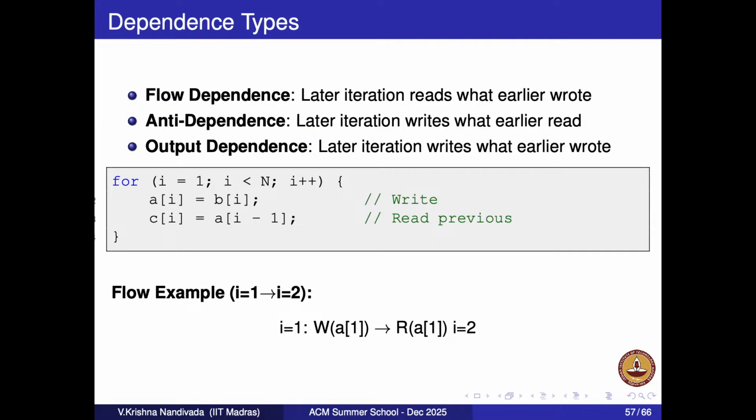So there is a write that is happening in iteration 1. There is a read which is happening in iteration 2. In the serial program, iteration 1 should execute before iteration 2. So in the serial for loop, there is a flow dependence from iteration 1, this statement, to the second statement of iteration 2.